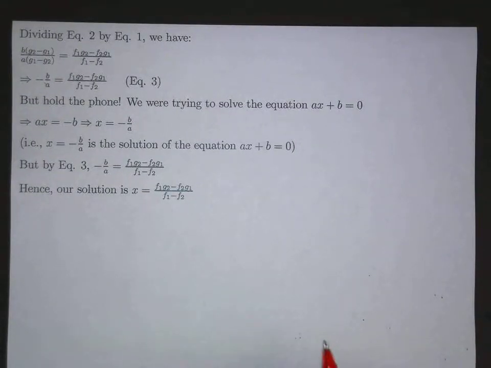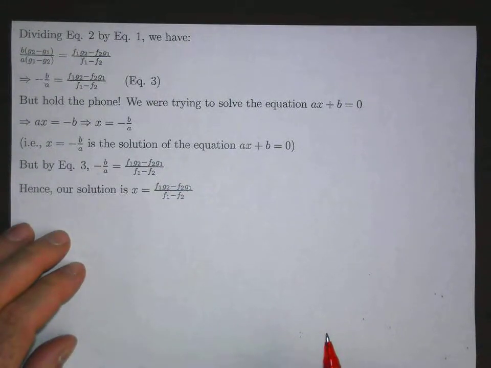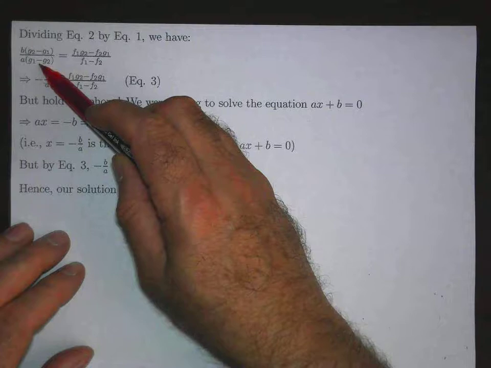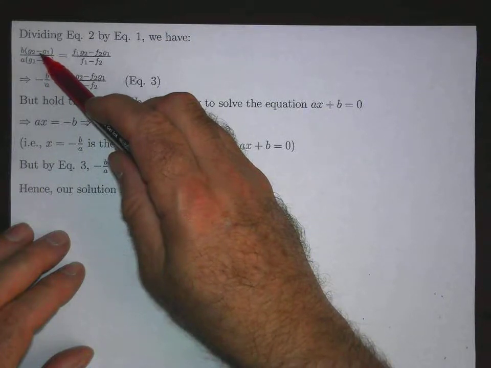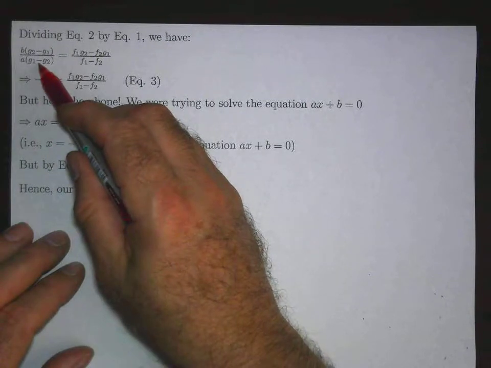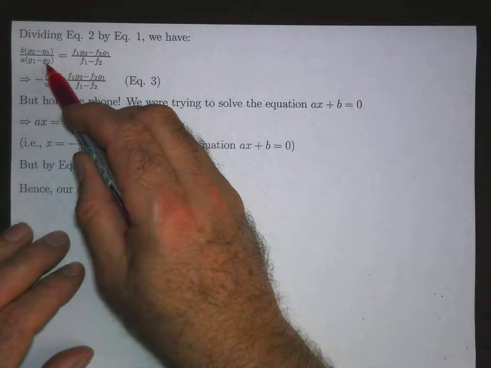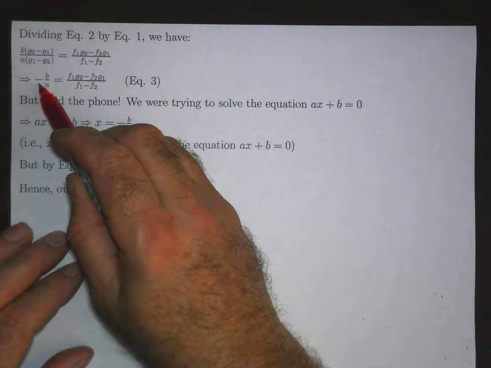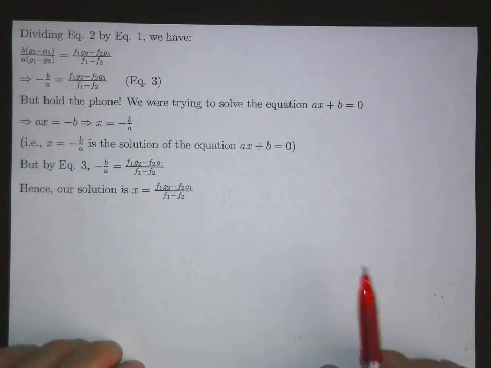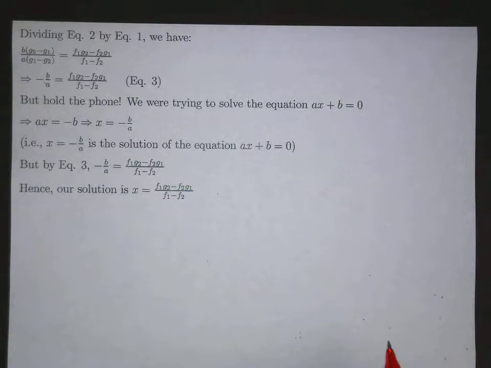And, oh my goodness, what happens here? This factor on the bottom is the negative of that factor on top. So we can divide both top and bottom by g1 minus g2, and we just get a minus sign out front. Okay, so what?